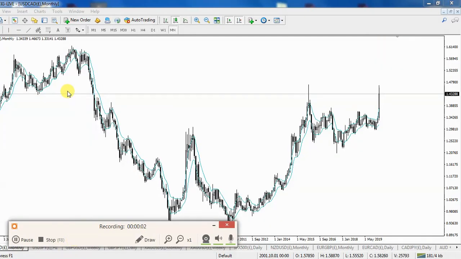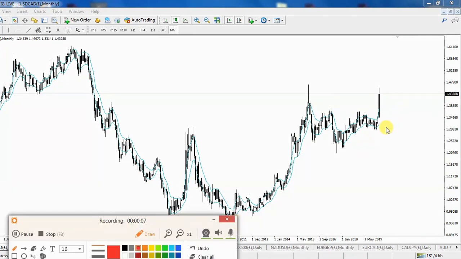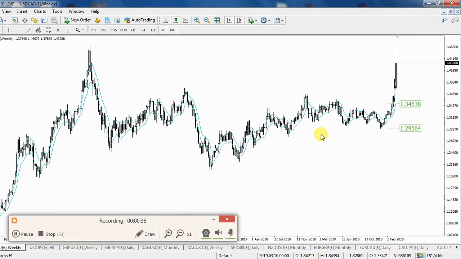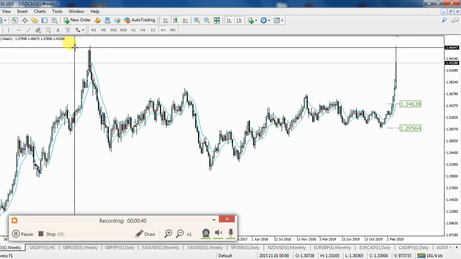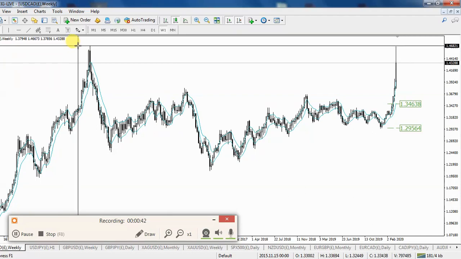We continue with the US dollar against the Canadian dollar, starting with the monthly chart. The price came up very close to this spike high here. It has not taken out this spike high, and now we see it's retracing. If we go to the weekly time frame, this is the same high as on the monthly chart here, and it's actually missing quite a bit.